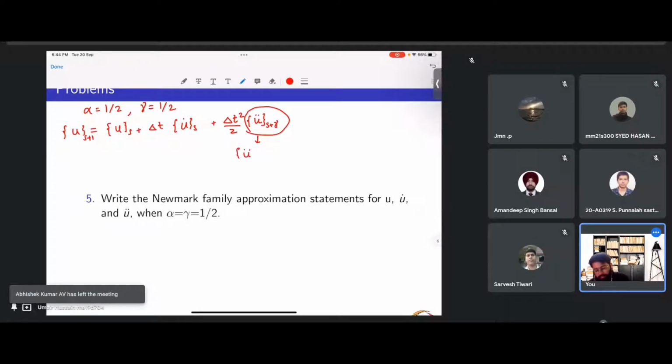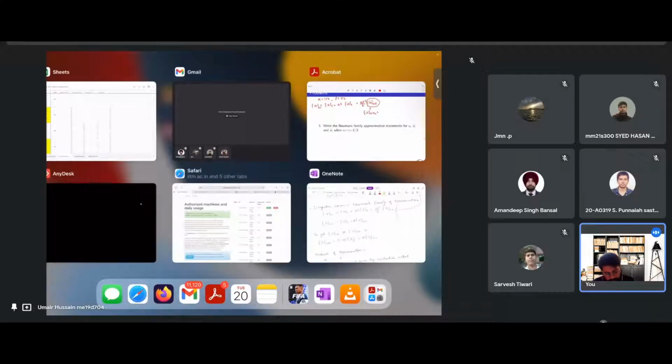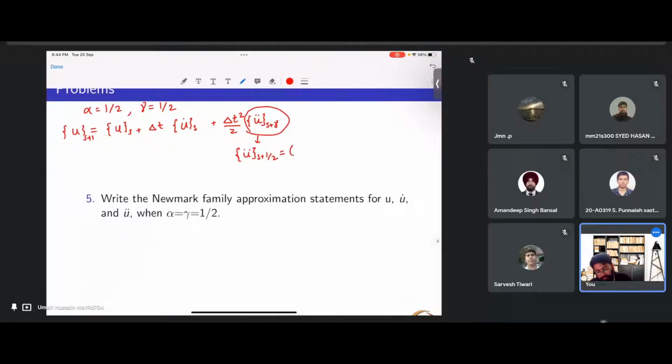So u double dot s plus half is equal to, I think that is the same formula as for the alpha approximation: 1 minus half times u double dot s plus half times u double dot s plus 1, isn't it?